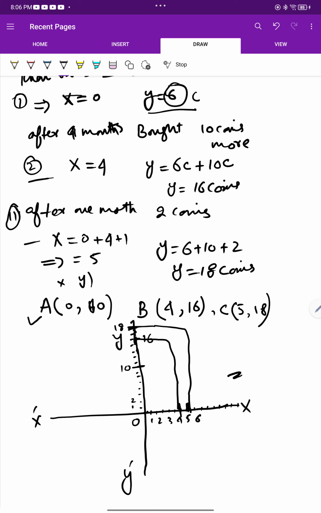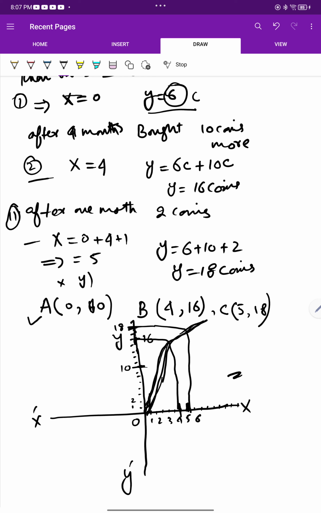So when x is equal to 4, the kinds are 16. This is how you can draw this on the graph.